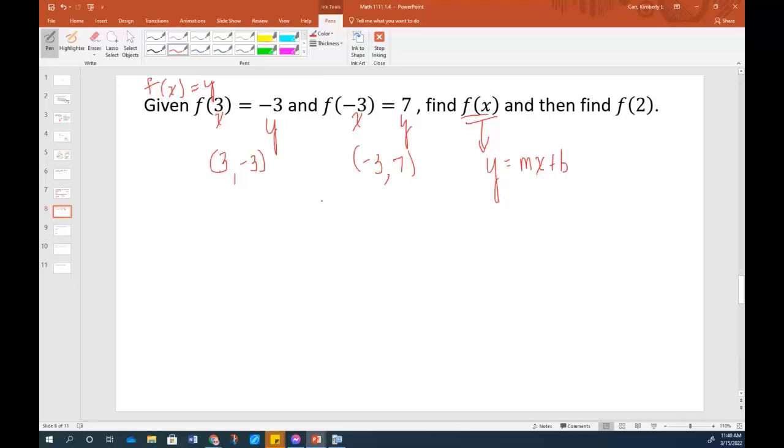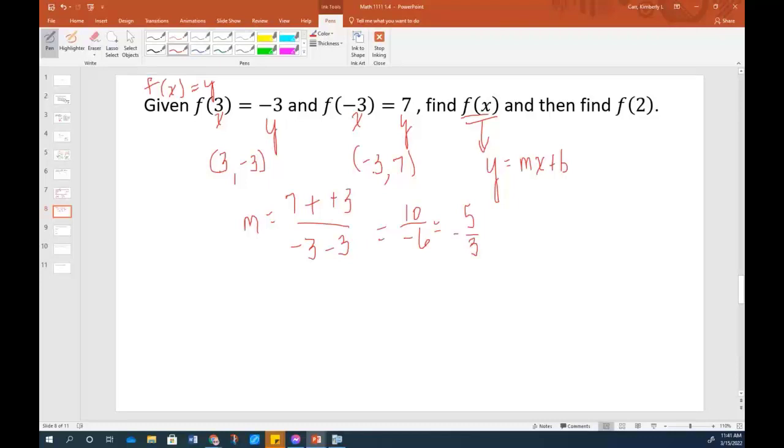So I can, just like I've been doing, find the slope, y2 minus y1 over x2 minus x1. Minus a negative does make it positive, so that becomes 10 over negative 6. Now that reduces to 5, I'll stick that negative in front, and then 3. So negative 5/3 is my m value.